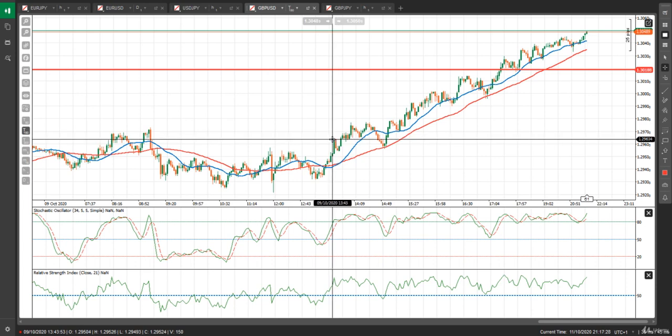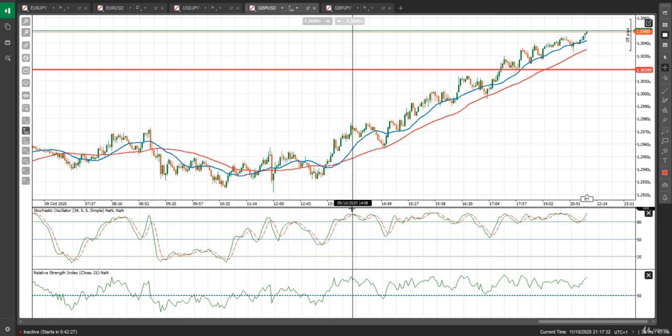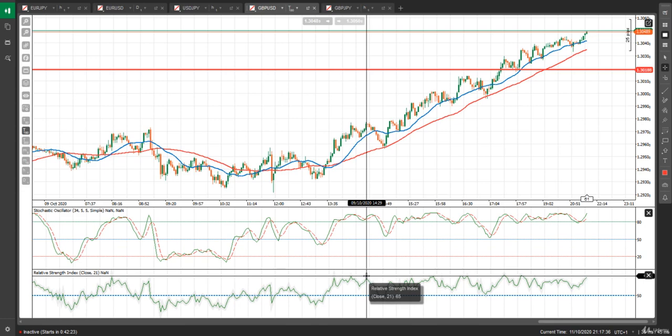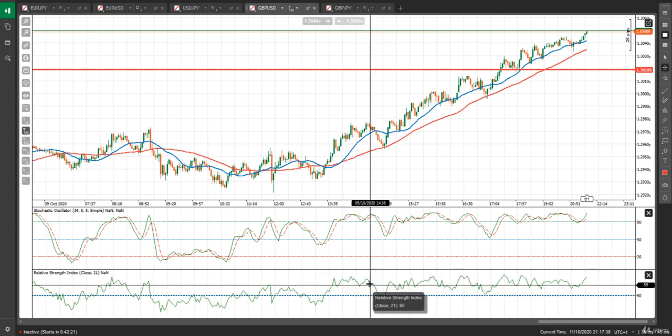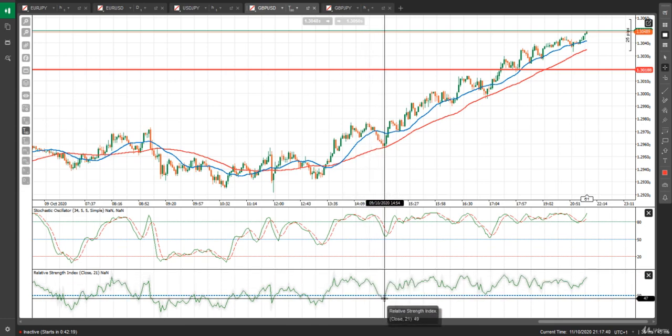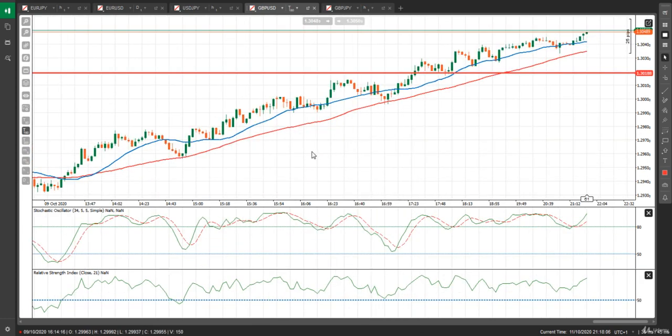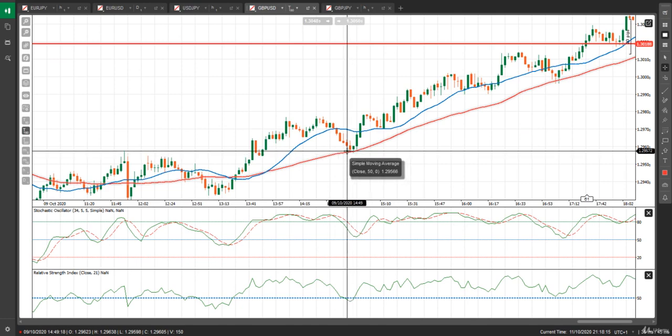You never ever trade accelerations, so you have to wait for the pullback. You have to wait for the market to drop or do a pullback to the 15 area of RSI. This is the perfect trade entry with very low risk, and you can confirm it also with candlestick patterns.